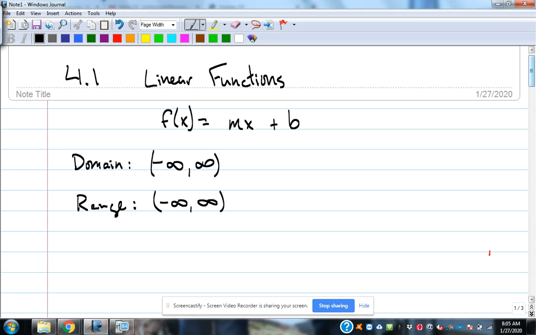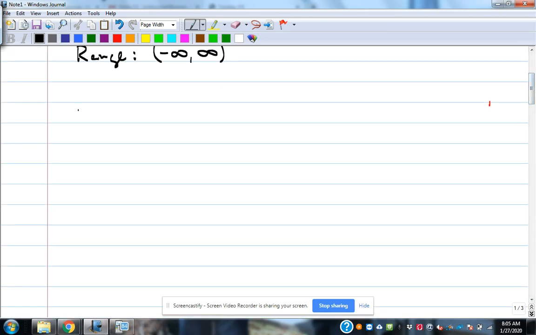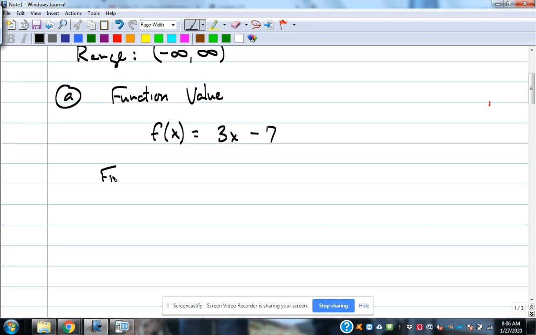So let's review a few concepts that you've done before. First one is function value. So here's our function f of x. We'll start with something like 3x minus 7, something pretty easy. And they want us to find f of negative 2.